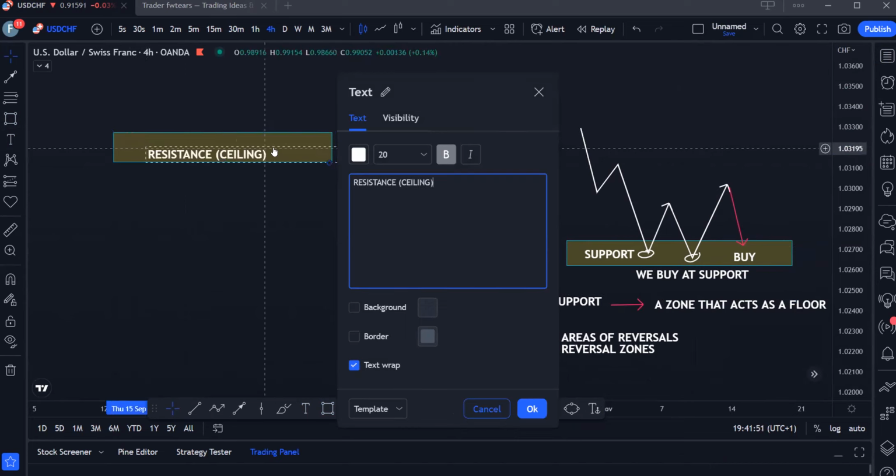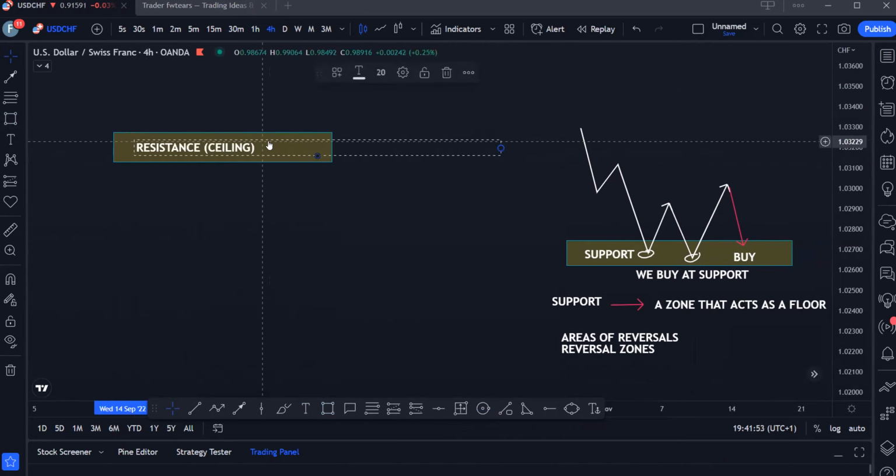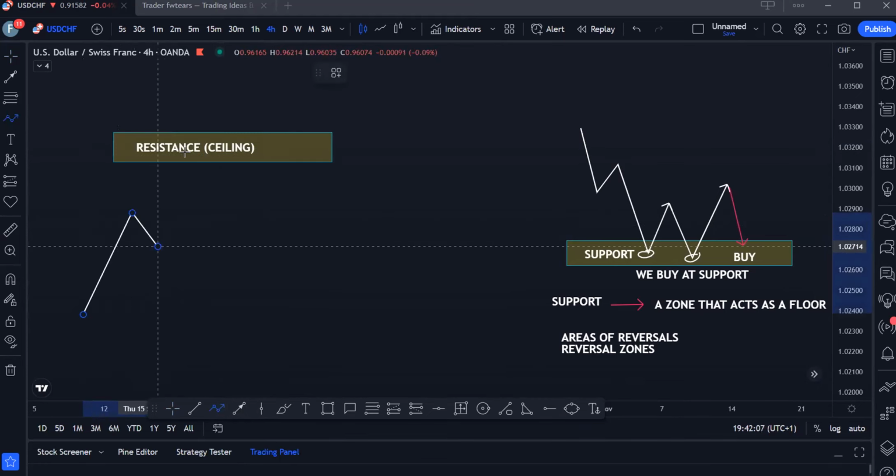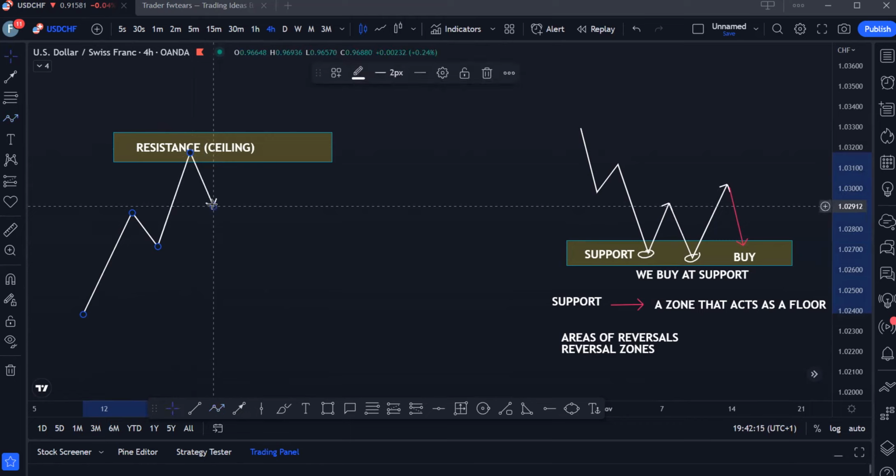If you throw a ball up and that ball touches your ceiling, most likely that ceiling is going to send it right back down. So for resistance, we've seen that price came to a particular zone, and then we see a reversal, a change in direction. What is responsible for that change in direction in this case is a resistance.